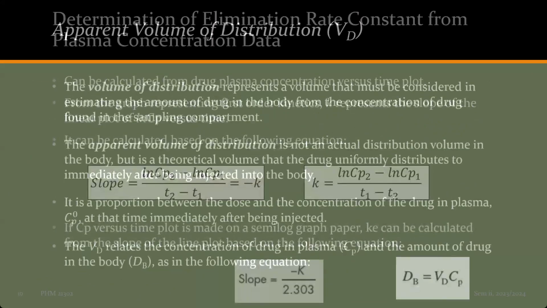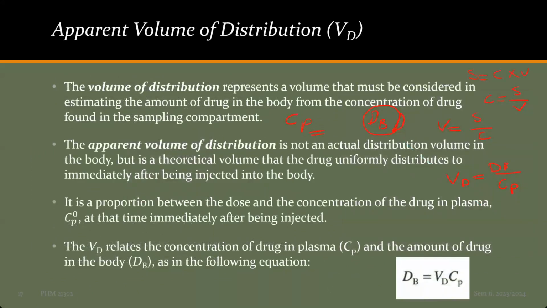So experimentally, how do we determine the volume of distribution? We divide the dose, which represents the amount in the body because bioavailability for IV is 100%, right? So we divide the dose given by the Cp0. We get the volume of distribution. Vd equals amount of drug in the body divided by Cp0. So this is a general equation: amount of drug in the body equals volume of distribution times Cp.